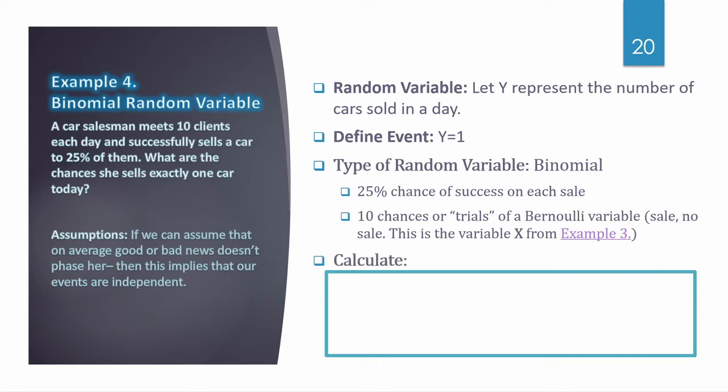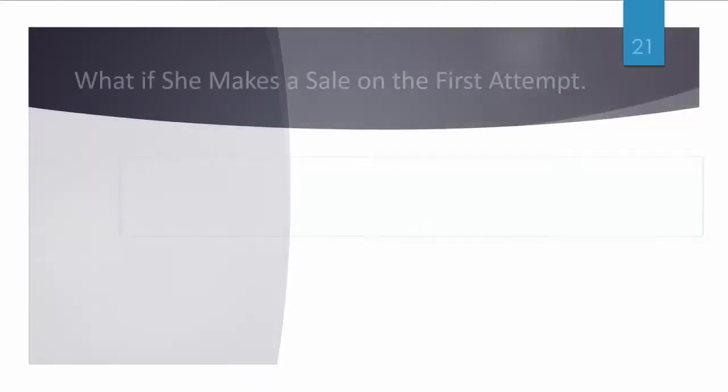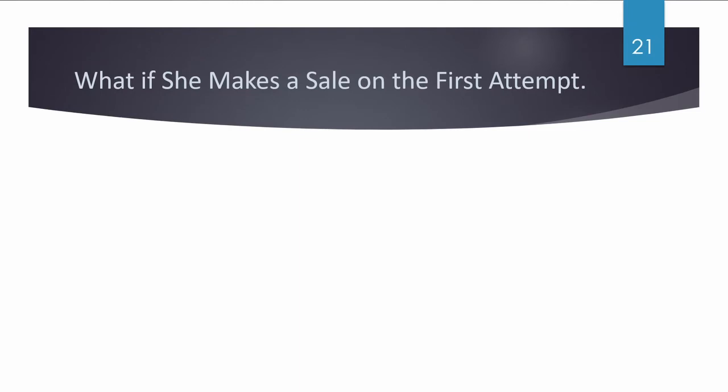So we're going to calculate this using our simple application of the rules and or. Hang with me and we're going to talk through exactly how we're going to tackle this problem. Now, suppose she wakes up today, goes into the office, and knows she's got 10 clients that she's going to see today to try and make a sale. We're going to think through all the possible ways she could make exactly one sale among those 10 clients.